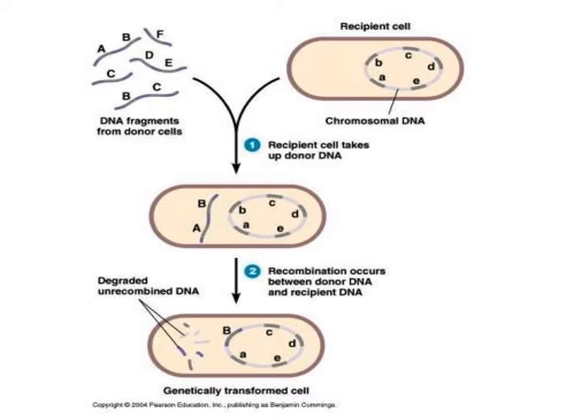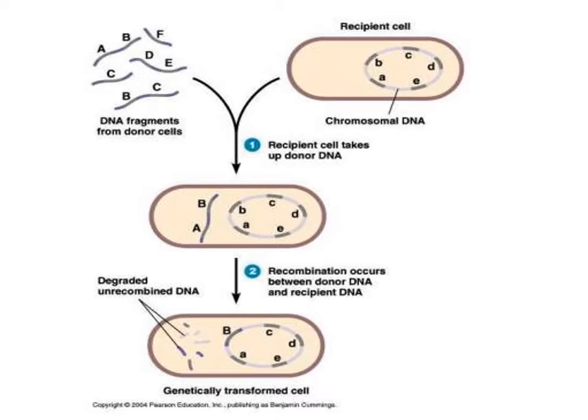But there it sits, because that incoming donor DNA, which is A plus, B plus, can't replicate. It needs to exchange itself, essentially, with what's in the chromosome already in order to become permanently part of the host cell chromosome. So what happens is some part of that, all of it or part of it, will recombine with the host chromosome.